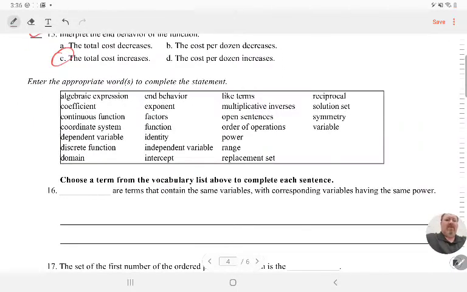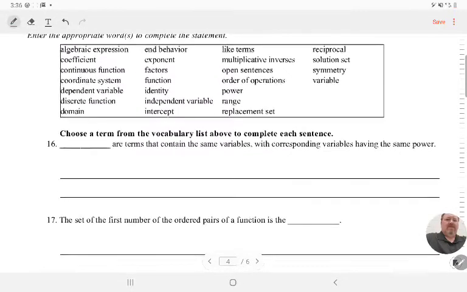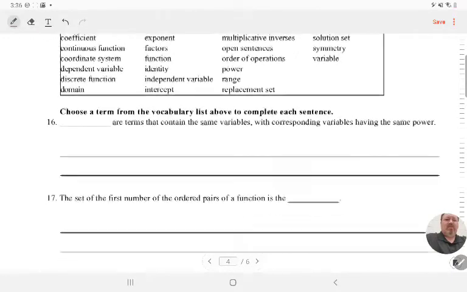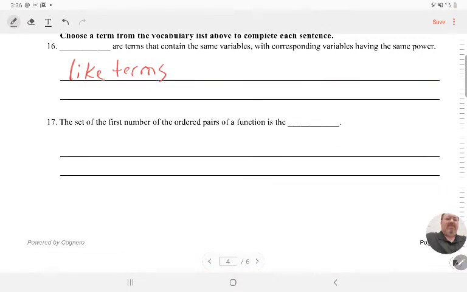Then we just have our vocab on the test. It could be any of those vocab words that we've used in this chapter. Some of them will be used again in the test and some will be different. Terms that contain variables with corresponding behavior, variable having the same power, that is like terms. 17, the set of first numbers of ordered pairs of a function is the domain.